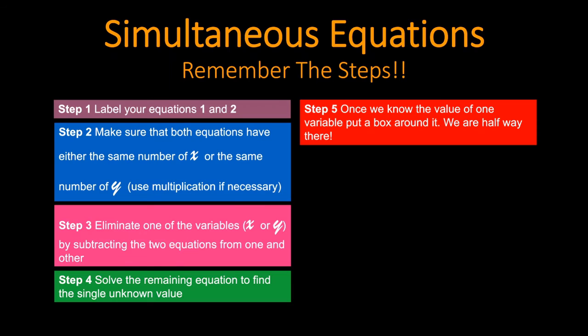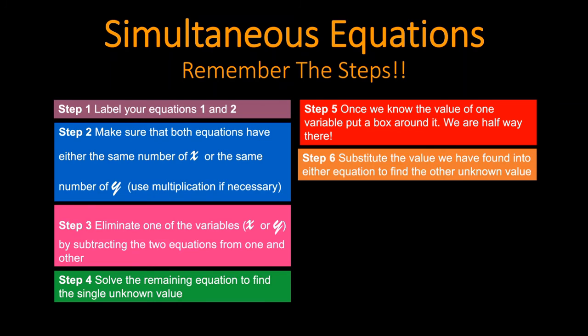Step 5, not really a step of working, but still an important step. You found half your answer, put a box around it, and let's keep going on to step 6. Step 6, substitute the value you found into either of the equations. Make sure you label that equation so you know which one you've used. And find the other unknown variable.